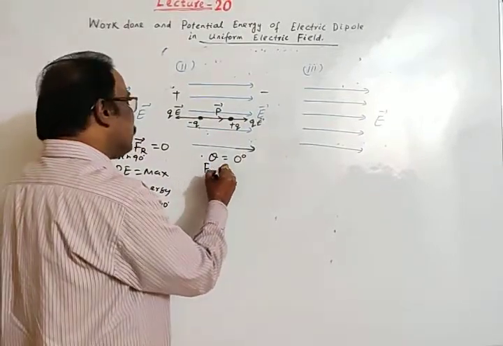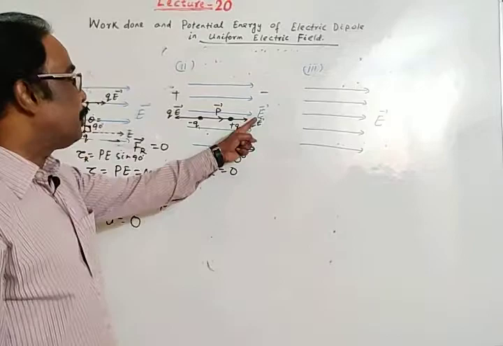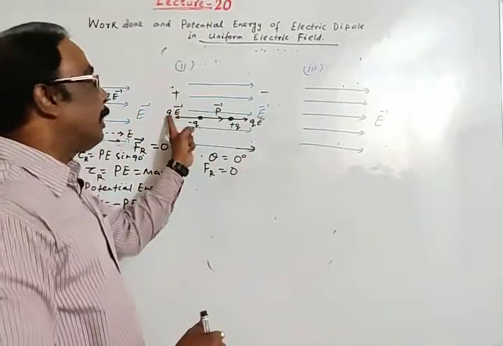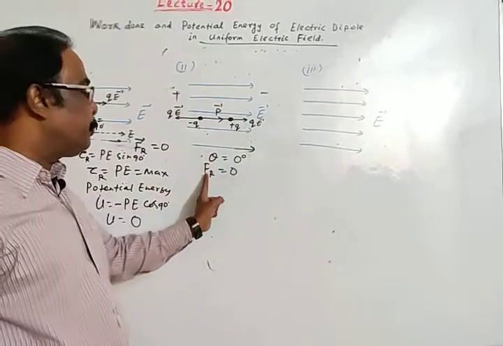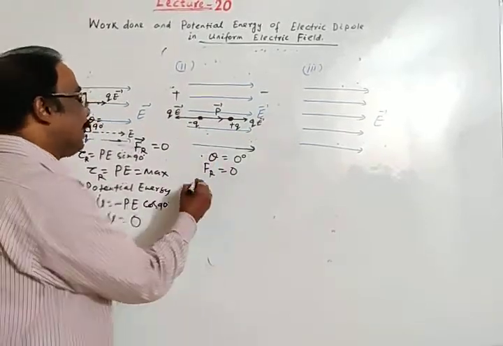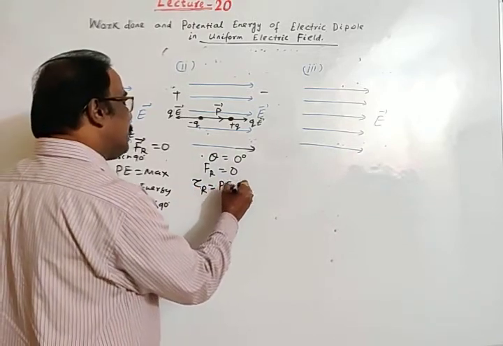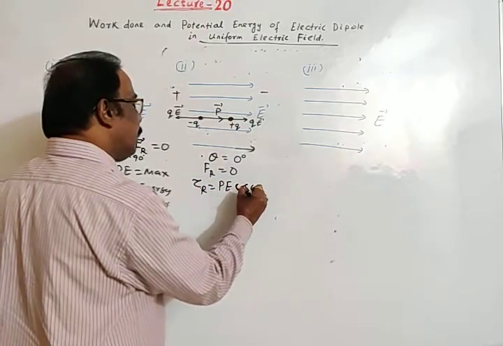Here the resultant force is also 0 because these two forces QE and QE are opposite in direction and equal in magnitude. Again, the resultant torque.